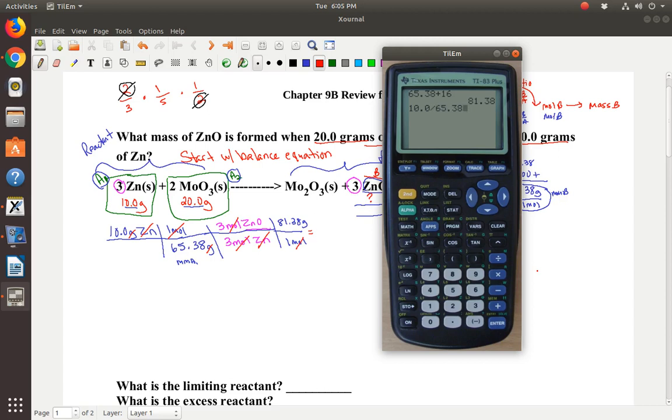And now you can see the 3's are there. You can multiply by 3 and divide by 3, or in this case they would have canceled out, but that's okay. Times 81.38, and that's 12.447. I'm going to write that raw answer down.